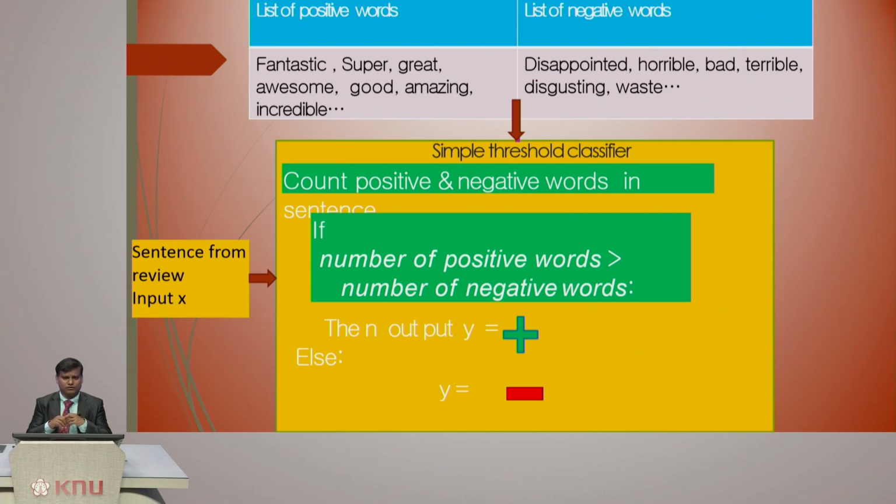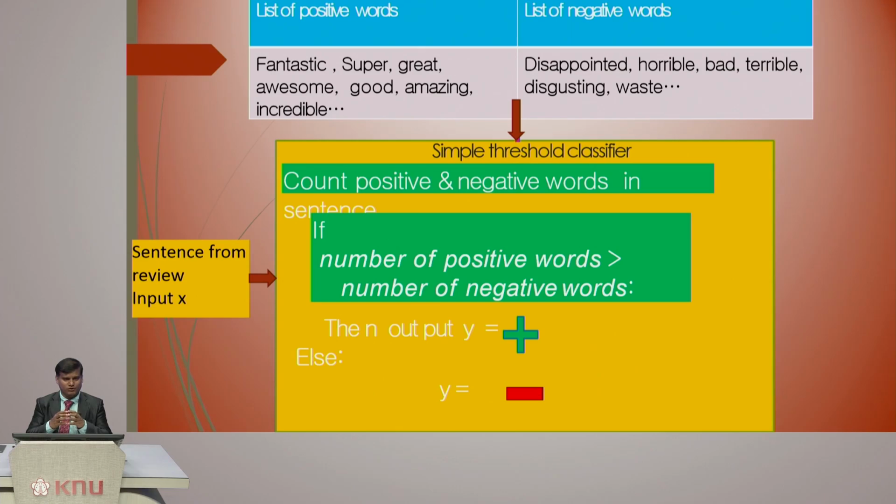The main objective is that it's going to count the positive and negative words in a sentence, and if the number of positive words is greater than the number of negative words, then our output Y is going to be positive, a positive review, else Y is going to be negative.